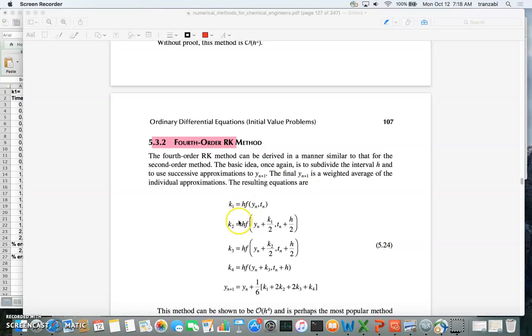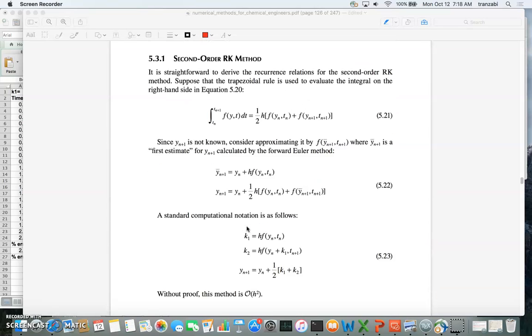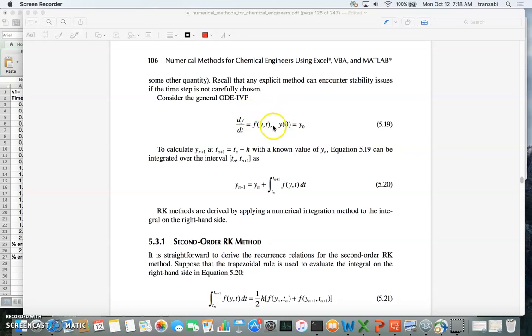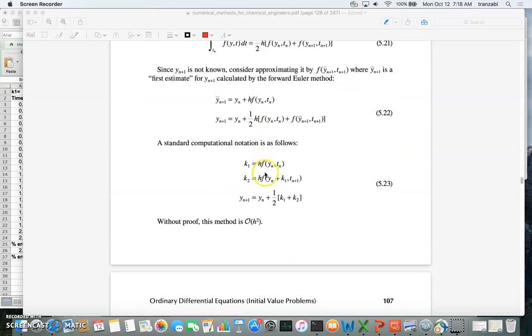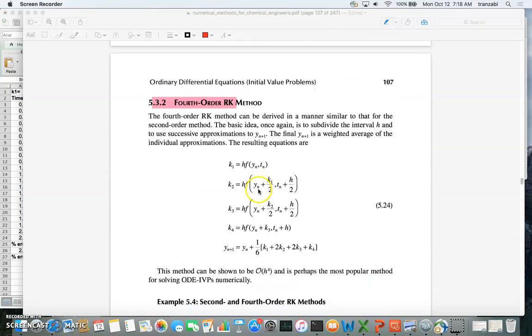And h is dt. Then we evaluate k2, which is h times the function. f is always the right-hand side of our differential equation. So you evaluate f at tn plus h over 2 and yn plus k1 over 2.